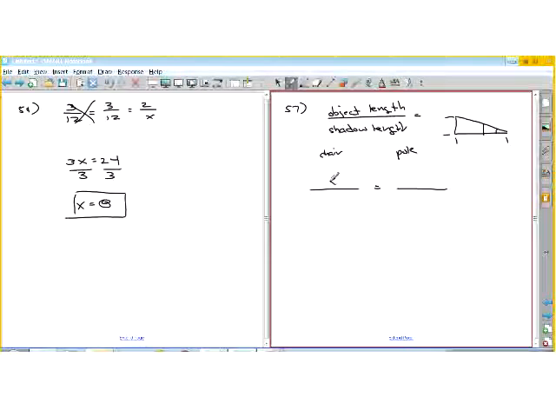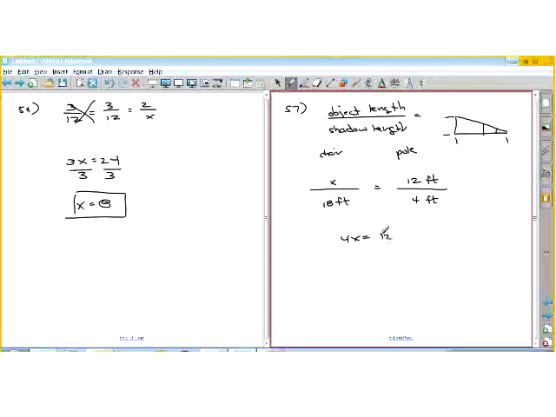The object length for the chair, that's what we're trying to figure out. So that's X. The shadow length for the chair is 18 feet. The object length for the pole is 12 feet. The shadow length for the pole is 4 feet. So what I've done is chair length to shadow of chair length, pole length to shadow of pole length.